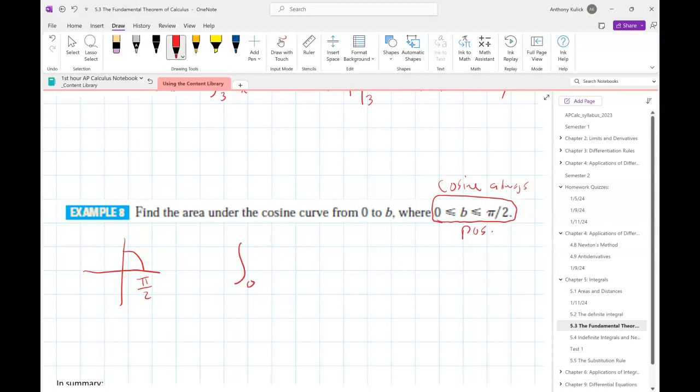So we'll set up our integral because we're looking for area under the curve. So 0 to b, again, that's my upper and lower, and then my function is cosine x dx. We'll start by doing the antiderivative. The antiderivative of cosine is sine. And we're evaluating from 0 to b.